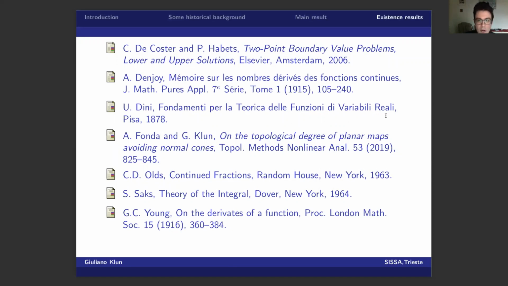Our article on the topological degree of planar maps, and the book by Olds about continued fractions, which is a very interesting book that gives all the basic properties of continued fractions and basic tools we have used in this work, and it is very readable.